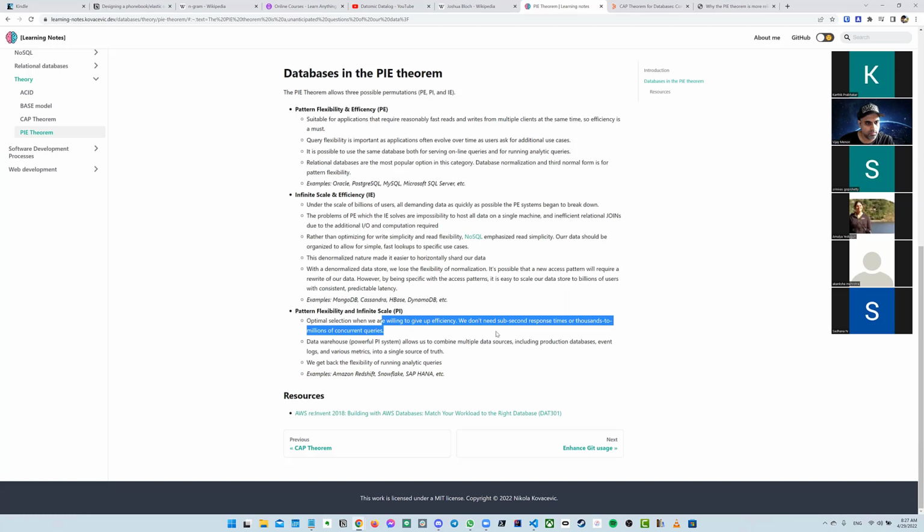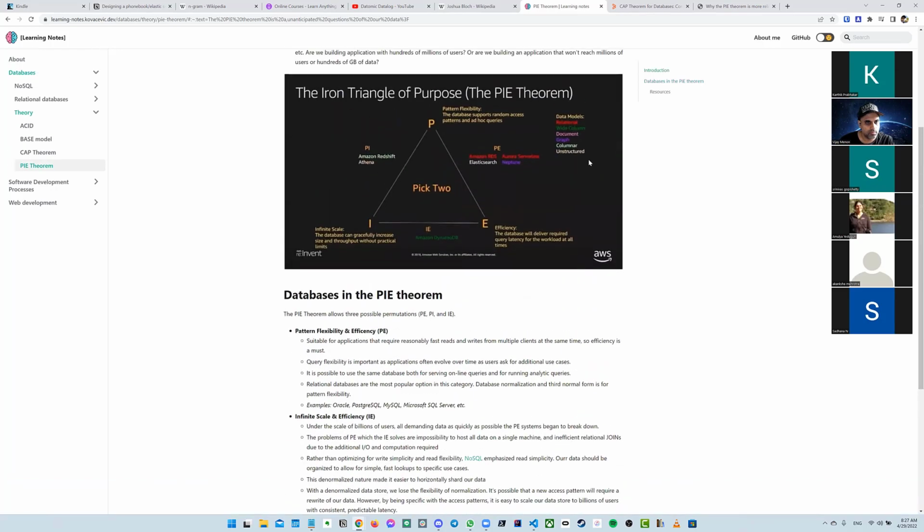Athena is super inefficient, so I don't know why he calls it efficient, but it is super flexible. So that's there. And then DynamoDB, yeah, I think that's a given. It does scale well, and then also offers efficiency. Yeah, I think so.